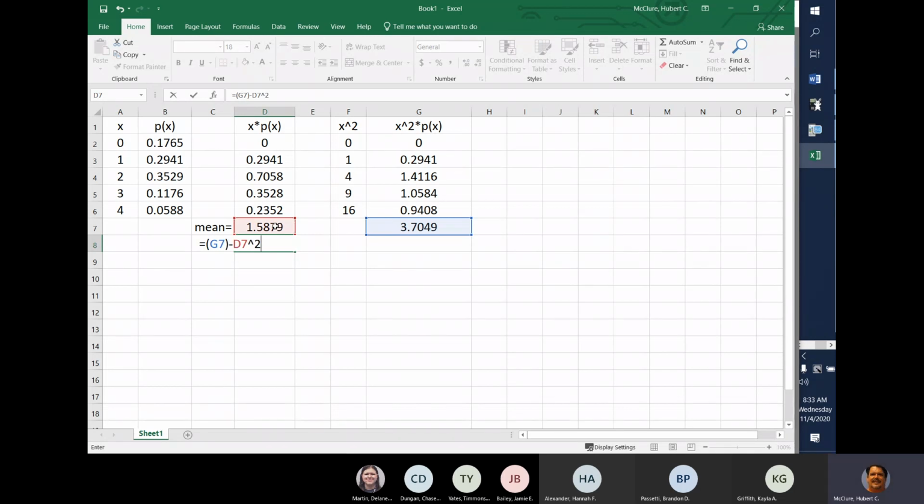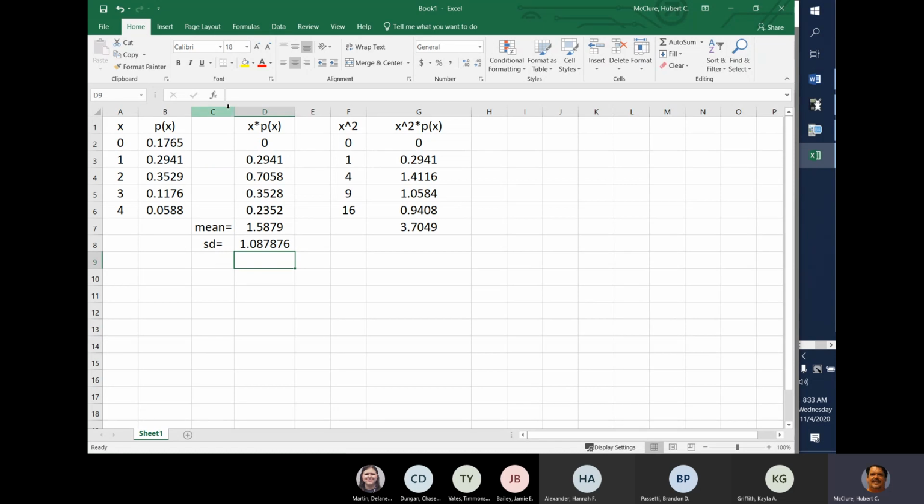And I'm going to raise all that to the 0.5 power, which means I'm taking the square root of it. And that should be your standard deviation: 1.087876.